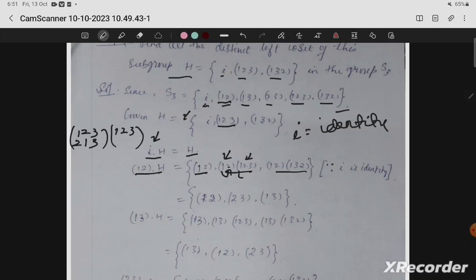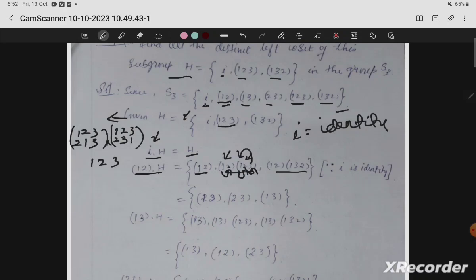Here 1 is going to 2, and 2 is going to 3, and here 3 is going back to 1. From here we'll multiply these two permutations. When we multiply two permutations, it always goes from left to right.